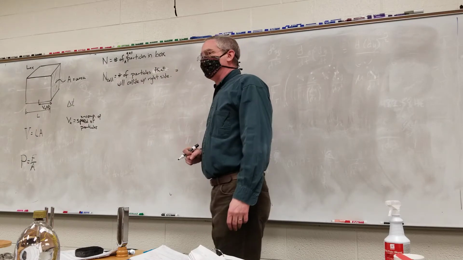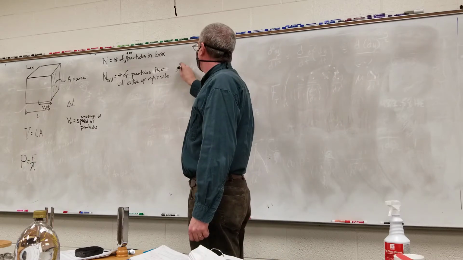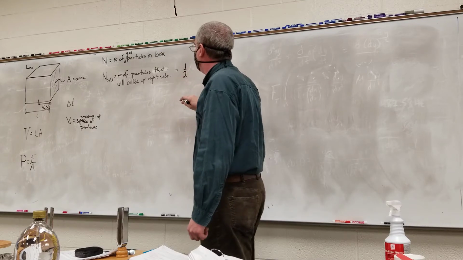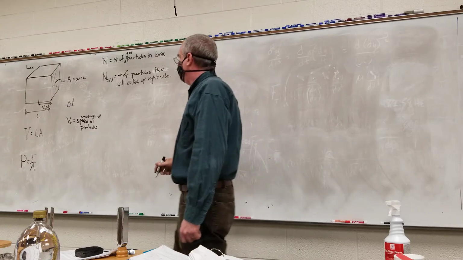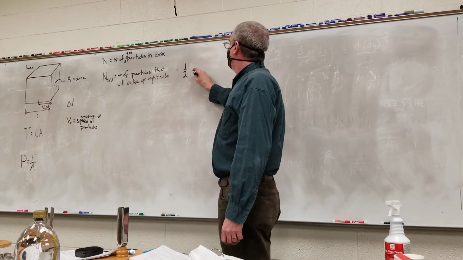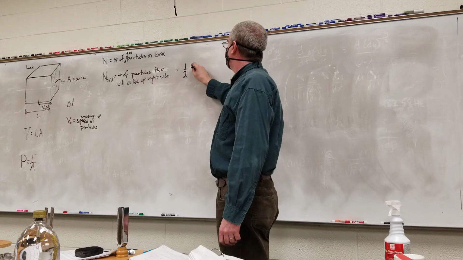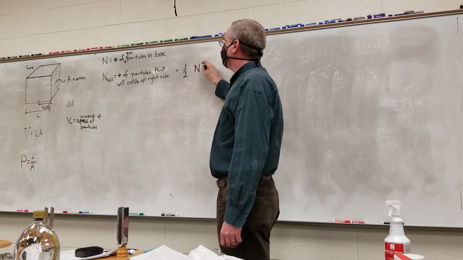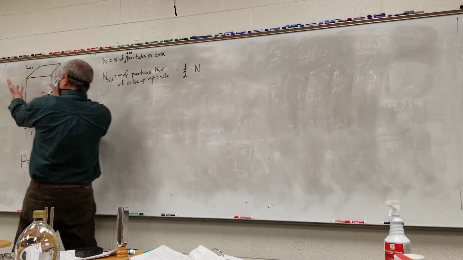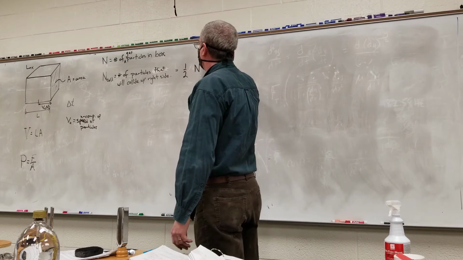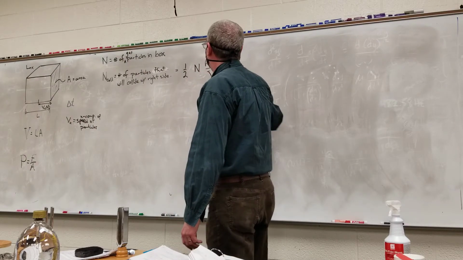Because particles are just as likely to be moving right as left, the number of particles that will actually collide is 1/2 of the fraction of particles within this range here. So it's the total number of particles times the volume of this part right here divided by the total volume. So this is A vx delta t over the volume.